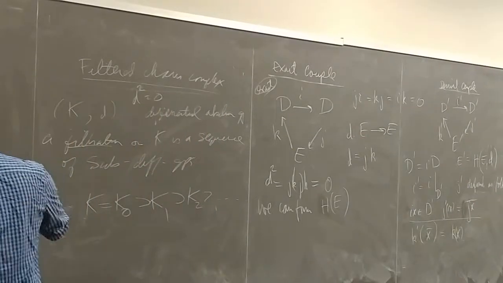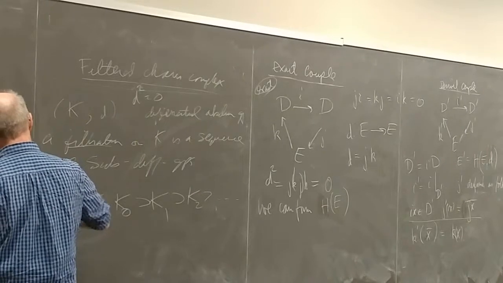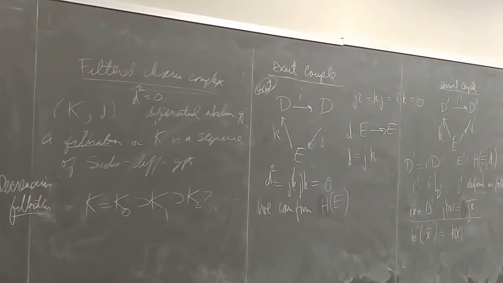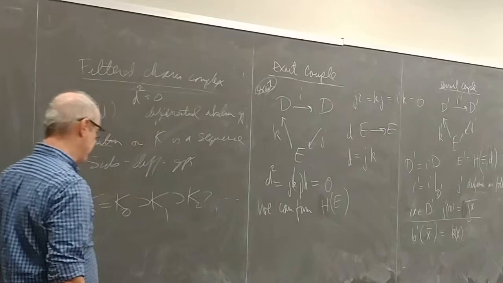And so this is what we would call a decreasing filtration. One could also consider an increasing filtration or a combination of the two, going off in either direction. Let's just start at the top and consider a decreasing filtration.